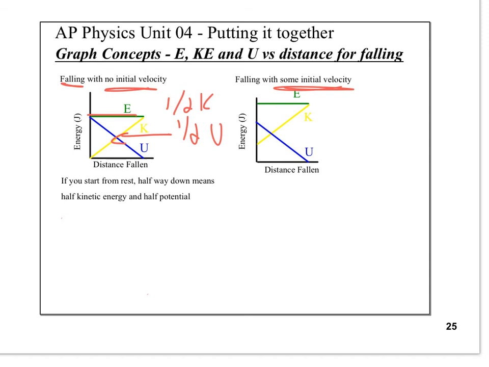It is not necessarily half the time that it would take to get there, but at half the distance fallen, we have lost half of our potential energy and gained that same amount in kinetic energy. In fact, at that point, our potential energy, that should be a G, I'm sorry, is equal to our kinetic energy at halfway down.